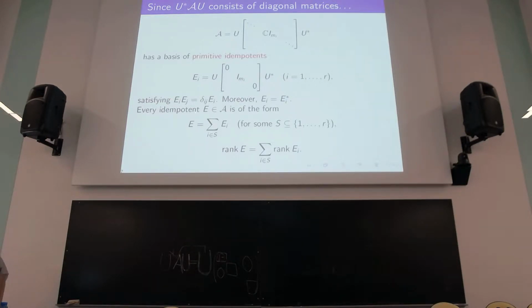So every idempotent is the sum of some of these primitive idempotents. Moreover, the rank of E is just the sum of the ranks of these primitive idempotents. If you take the sum of the primitive idempotents, you get 1 in disjoint positions. The rank is the number of ones on the diagonal, and these ones appear in disjoint positions. So the rank of the sum of these idempotents is the sum of the ranks of the primitive ones.